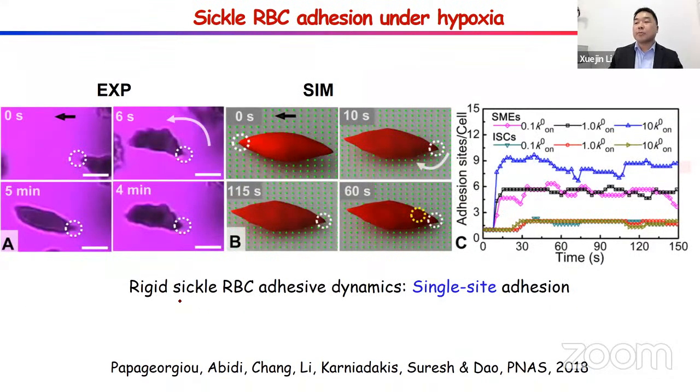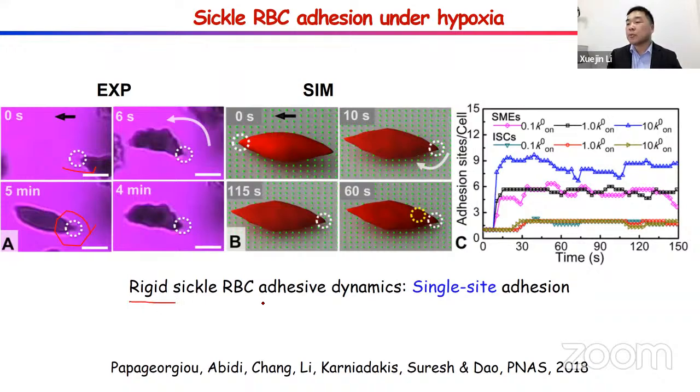But for rigid sickle red blood cells, in the very beginning, there's only 1 adhesion site. And with time, there's still only 1 adhesion site. We find that once the cell adheres to the surface, it flips around the adhesion site, just turns around, to align with the flow direction, but no new adhesion site forms, right?